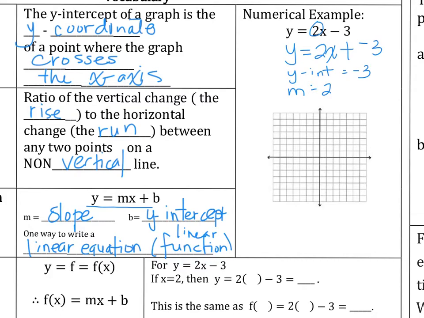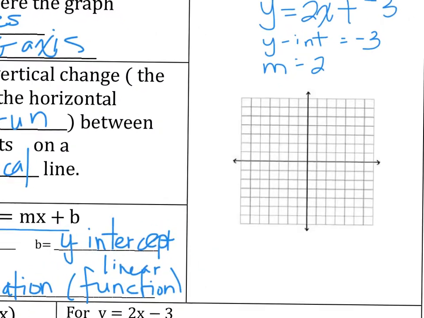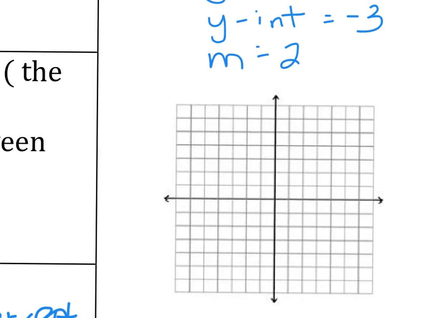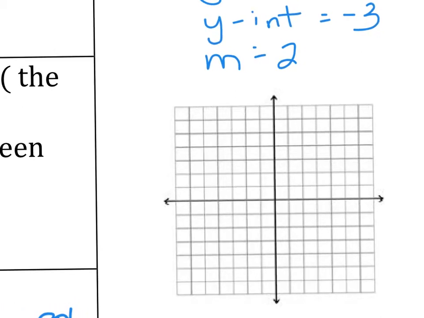So I'm going to graph this. I'm going to begin with a y-intercept of negative 3, (0, negative 3). I'll label it. And since the slope is 2, I'm going to rewrite that as positive 2 over positive 1.